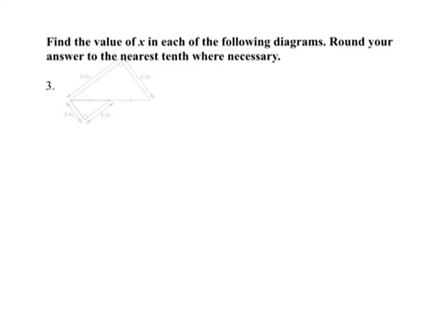We're going to find the value of x in each of the following diagrams. So here is x, but that is part of the larger triangle. So it looks like I'll have to use the smaller triangle first, and I do have the legs. So a squared plus b squared equals c squared.